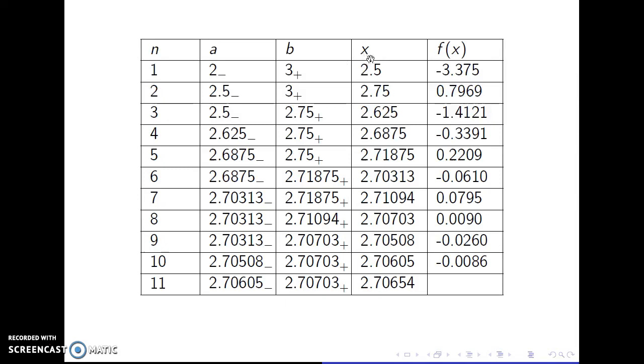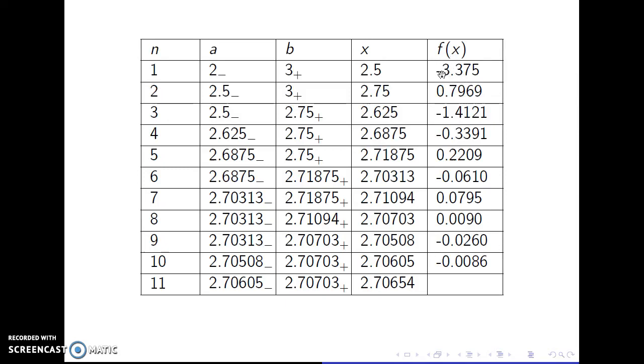So x1, that is first approximation, is 2.5, that is the addition of these two values divided by 2. Now substitute this 2.5 in the polynomial f of x, so we have -3.375.